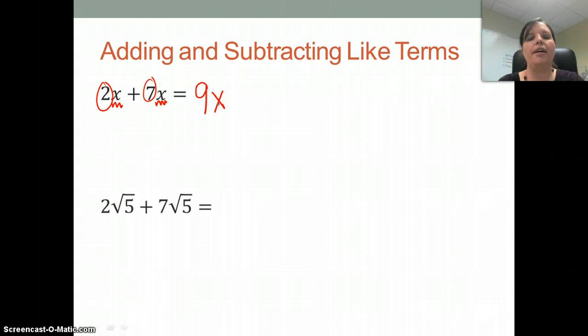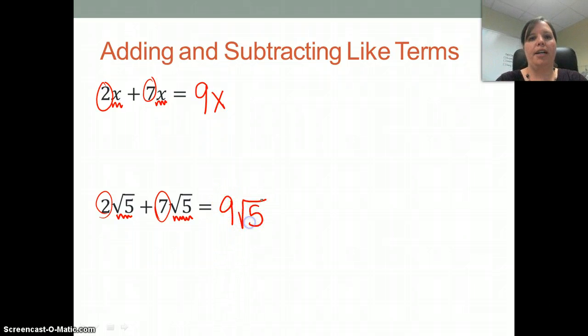We have 9. So when you do this with radicals, same idea. Here's your like portion. The radical tells you that they can be added together. You want to think of it as 2 square roots of 5 plus another 7 square roots of 5. How many of the square root of 5 do you have? So you have 9 square roots of 5.